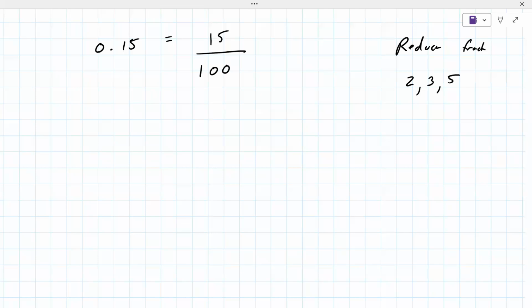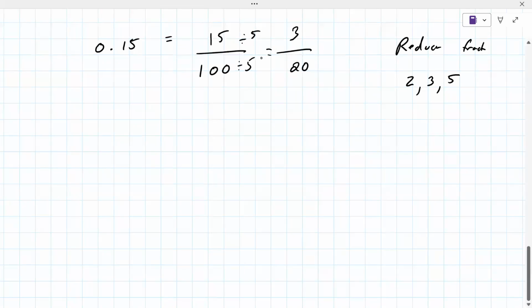Well, you divide both by 5, so it's not 10, it's 20 on the bottom. Oh yeah, I forgot to divide it. So 3/20.